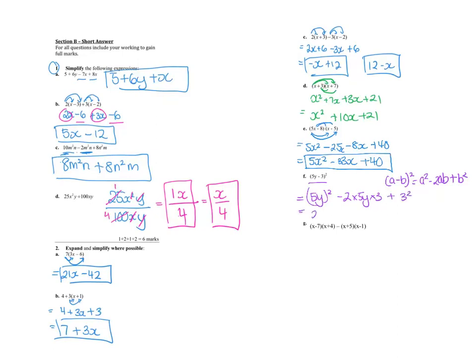So we square that, that's 25y squared minus 2 times 5 is 10 times 3 is 30, so 30y plus 9 is your answer.